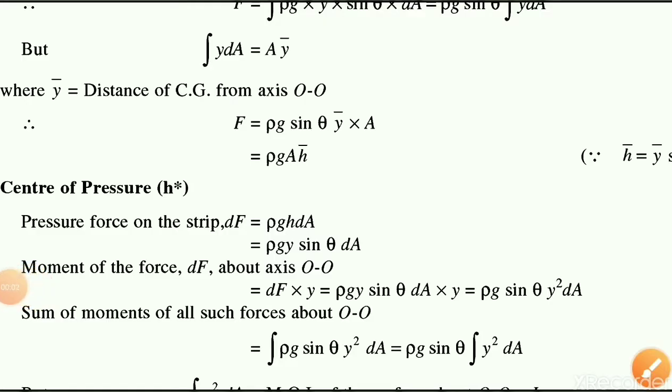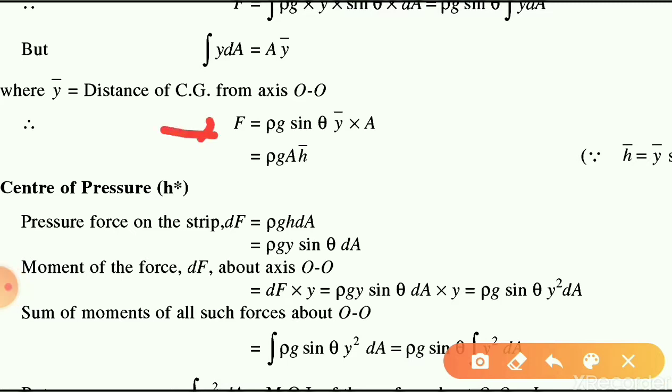Hence the expression for the force will become F = ρ g sinθ ȳ multiplied by capital A. Here we know that sinθ multiplied by ȳ is equal to h̄. Hence the expression for F becomes F = ρ g h̄.